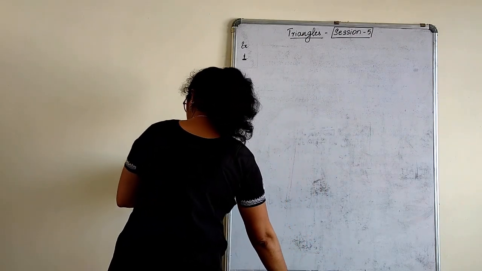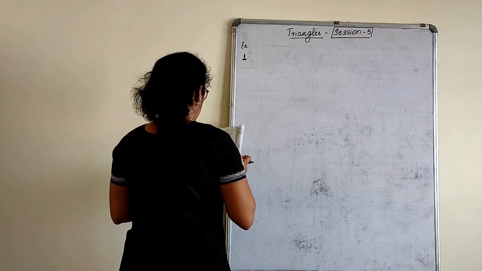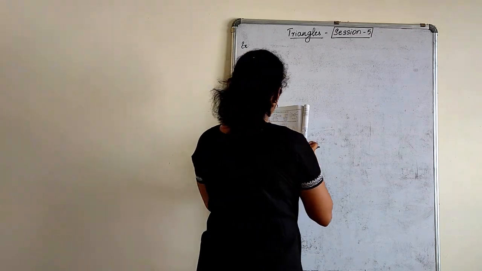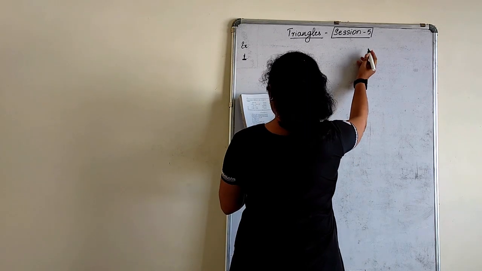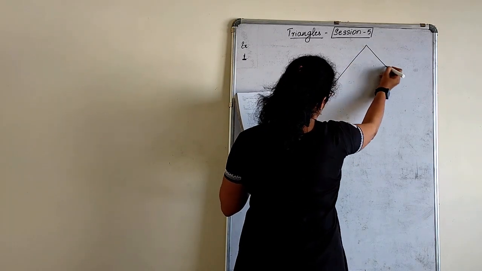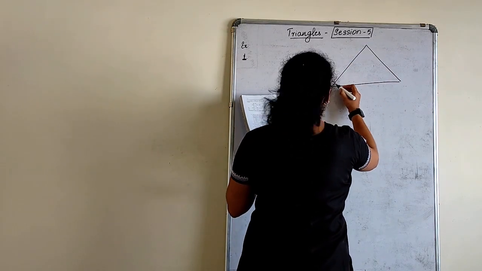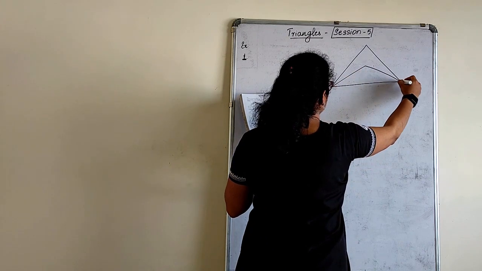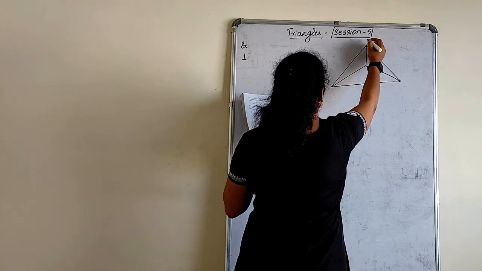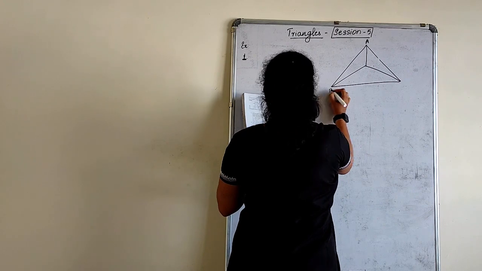The first one: triangle ABC and triangle DBC are two isosceles triangles on the same base BC. So draw the figure accordingly, as it is being given. These two are isosceles triangles, that is ABC.